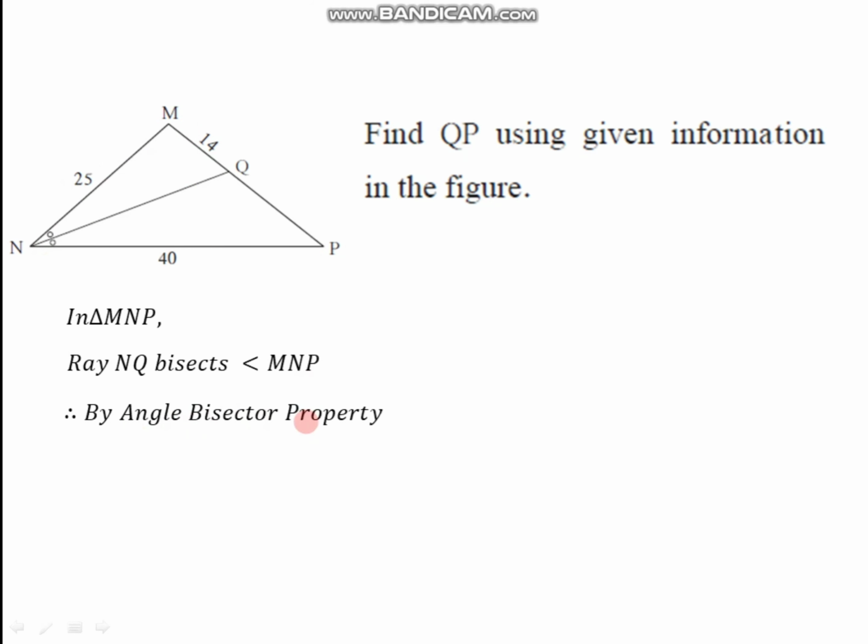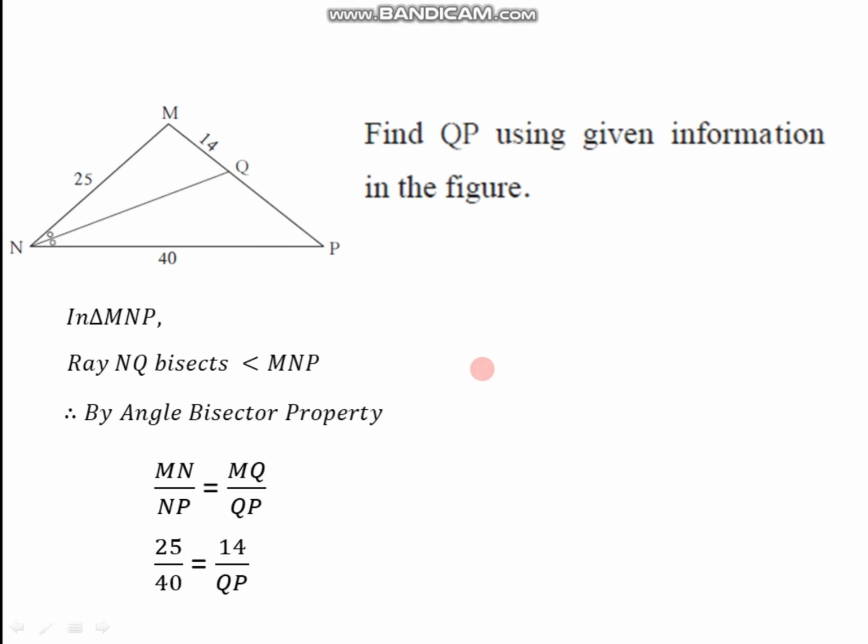So by angle bisector property, we can write MN divided by NP is equal to MQ divided by QP. The length of MN is given to be 25, length of NP is 40, equal to length of segment MQ is 14 divided by QP, because we have to find QP.